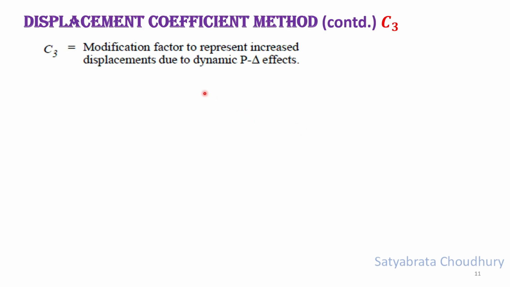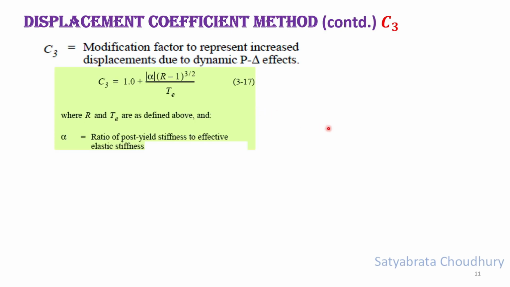C3 is another factor, the modification factor to represent increased displacement due to the P-delta effect. The P-delta effect, which we discussed in a previous video, increases the displacement and is detrimental to the structure. More P-delta effect means more danger of collapse. So C3 is given by this expression, where alpha is the ratio of post-yield stiffness to effective stiffness.